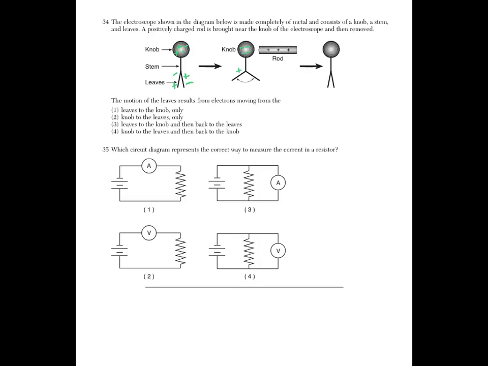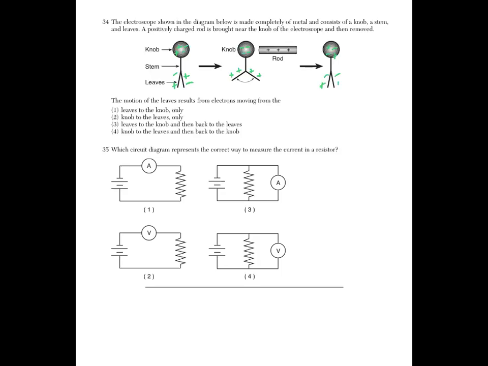So that leaves the positives to be down to the bottom. They're being repelled to the bottom. And because both of the leaves have positive charges, they separate because likes repel. And then when you remove the rod, the leaves settle back, which means they're back to its neutral form, just like in the beginning.